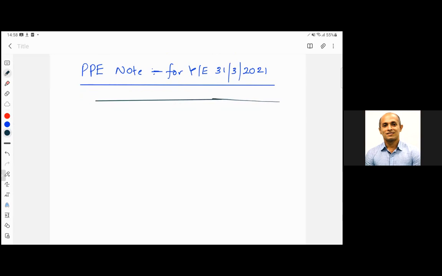Let's see this for this asset. So you know how to prepare this note. You have studied it under financial accounting.